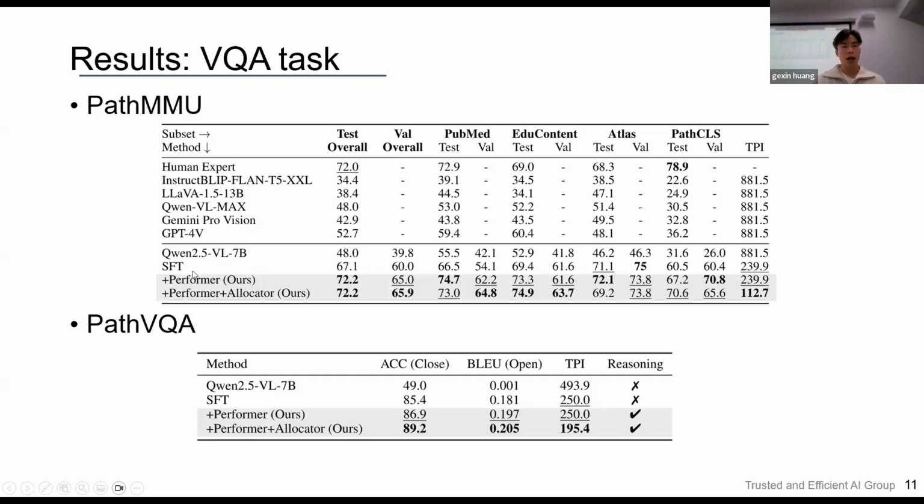And at first, after SFT, we can find the 7 billion model can own the corresponding specific knowledge to correctly predict the answer.